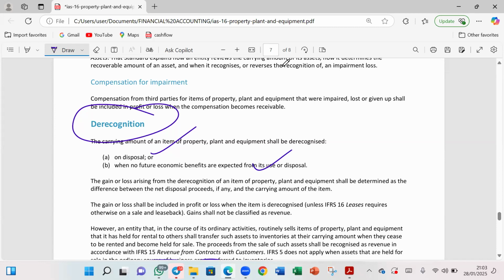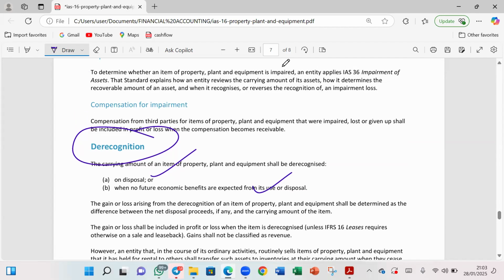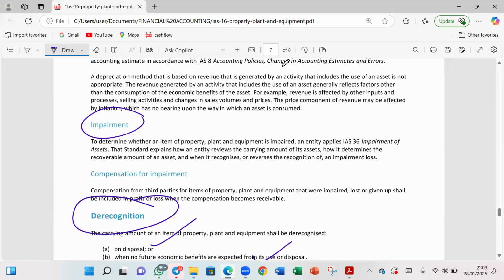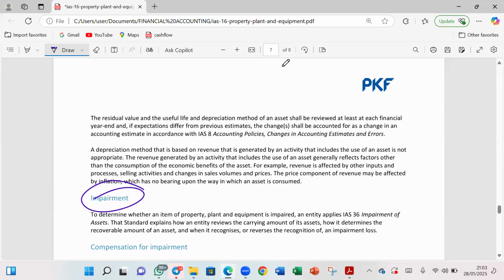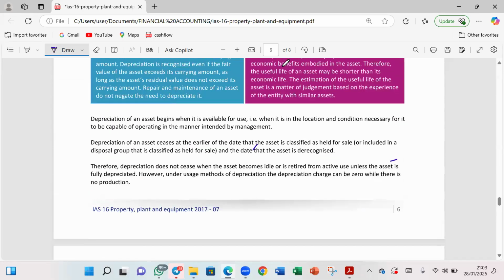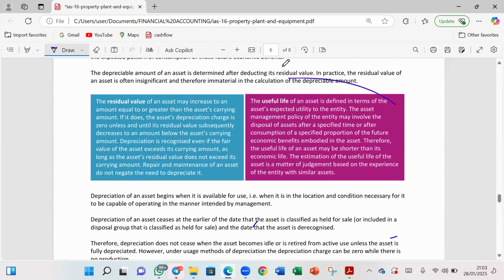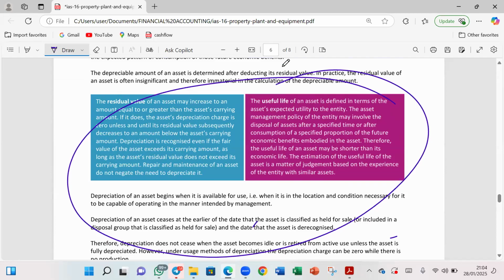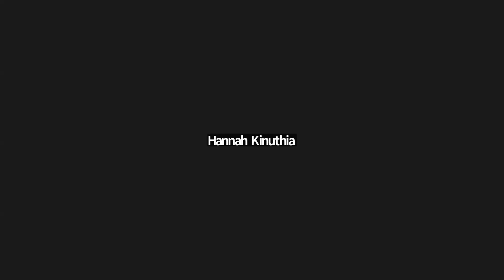So ukiuza haiko kwa your financial statement, you remove it from your financial statement. Or number two, when that asset cannot generate any future economic benefit. That one is okay. Impairment, we shall talk about it in intermediate level, and the rest of the items as well. In this case, this one becomes the end of the PPE.